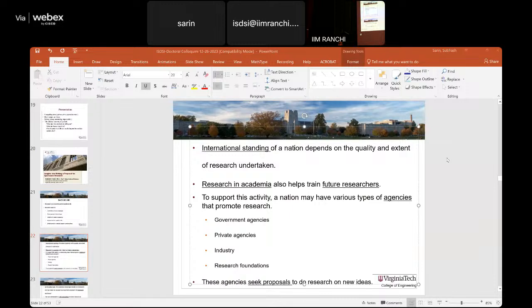So there are government agencies which promote research, private agencies, industry, research foundations, and these are all the agencies which are promoting research. And in the US, for instance, all these four are very strong. There's a lot of industry doing research on their own. There are government agencies, NSF, DOE, Army, name it, DARPA.